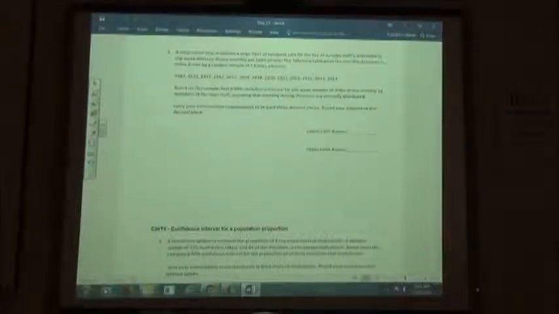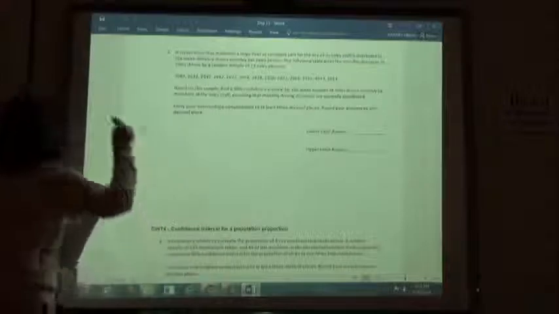So once you get your 13 numbers in, you don't have to worry about sorting them. We're just going to hit stat and cursor over to calculate, and we're going to calculate number 1, the one variable statistics. Now, if you're using this older calculator, you have to put the L1 in there. On the new calculator, it's already there for you. And then just go ahead and enter through your statistics.